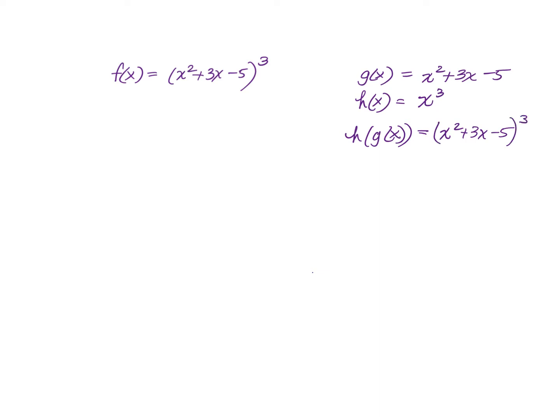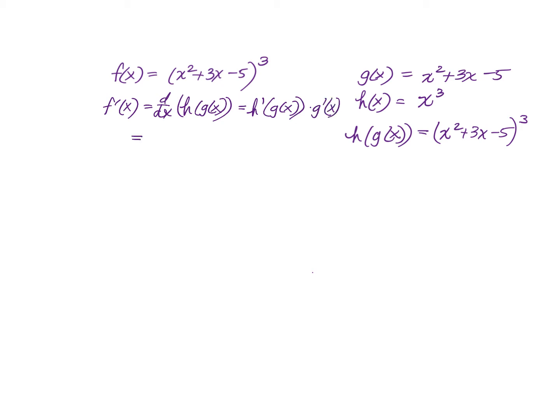And when I take the derivative of f of x, that's going to be the same as taking the derivative of h of g of x, which is going to be h prime of g of x times g prime of x.